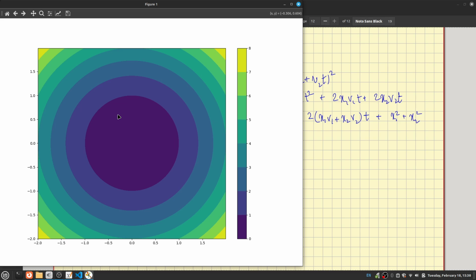If I take a slice of this, I essentially get just a single one-dimensional curve. That is my phi v of t. If I take any cut along any direction, that gives me a one-dimensional function, and each of those functions is a particular phi v of t. Is that clear?